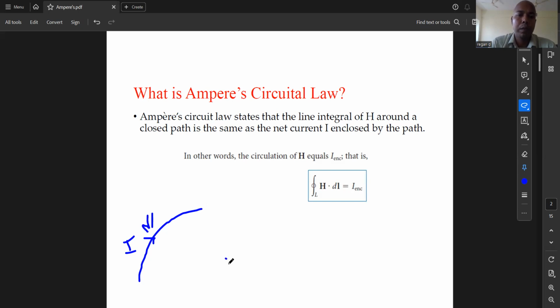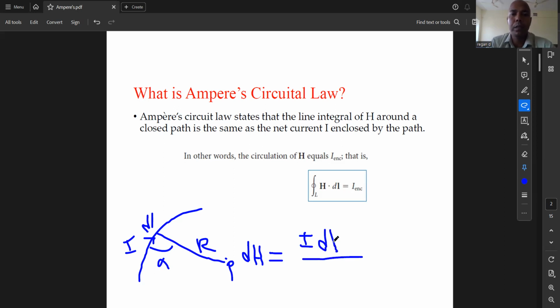At the point P, we can measure the differential magnetic field dH by the relation. The distance vector makes an angle alpha. So dH is proportional to I dl sine alpha, that is, the angle between the line joining the point P to the dl.